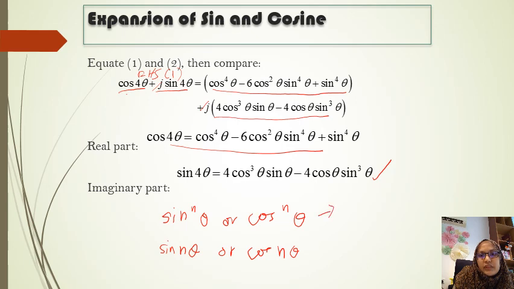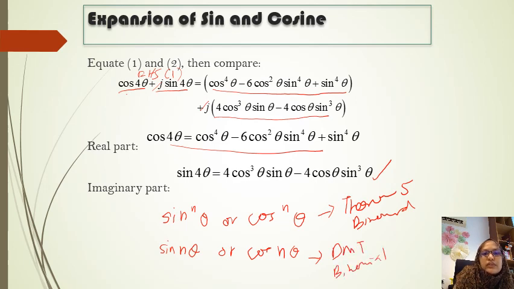This one uses theorem 5 and binomial expansion. This one uses de Moivre's theorem and binomial. So you need to look carefully at which one the question wants.